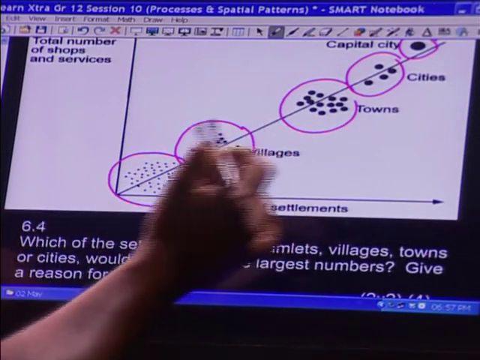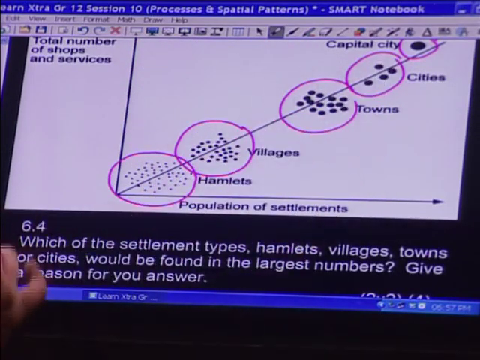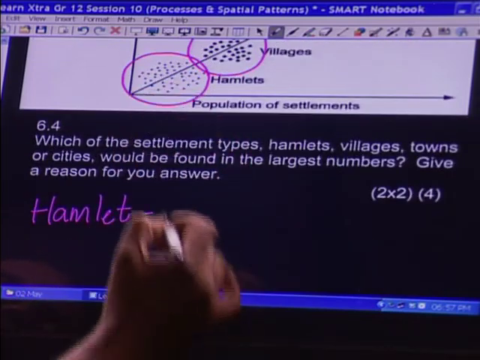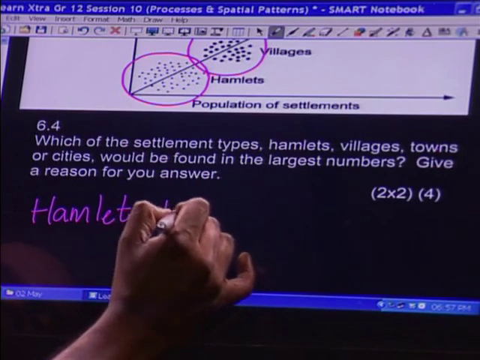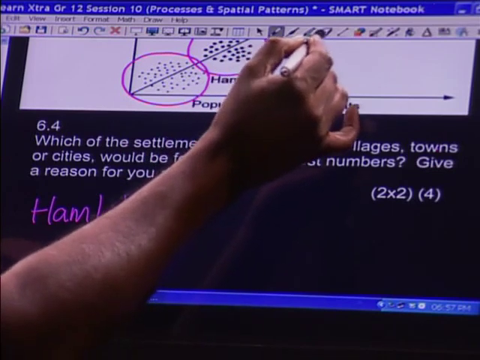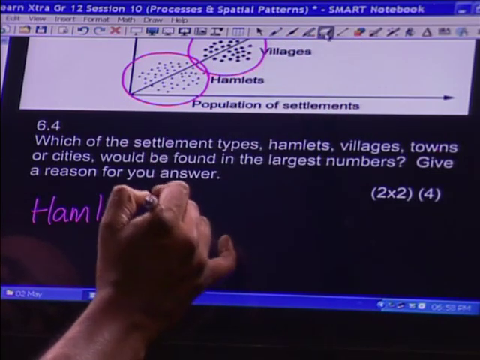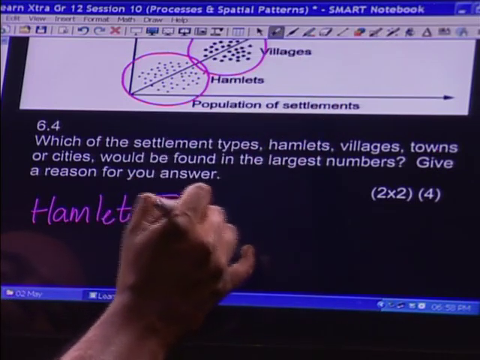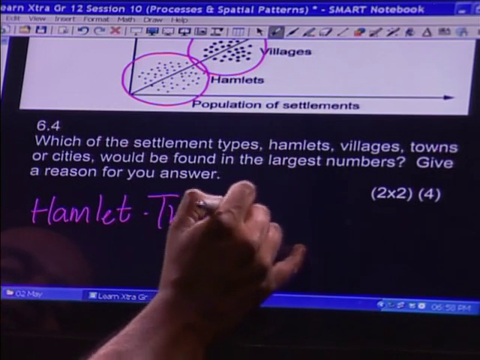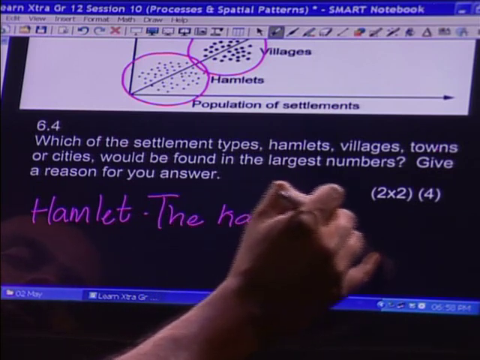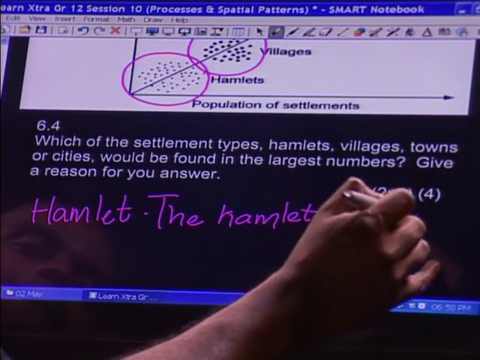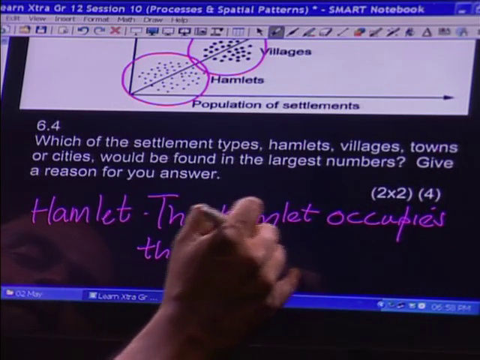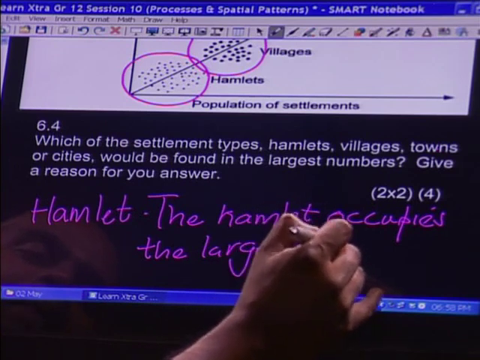And remember, as you move up, the size decreases. So hamlets occupy the largest size. If we have to put that in, hamlet occupies the largest area.